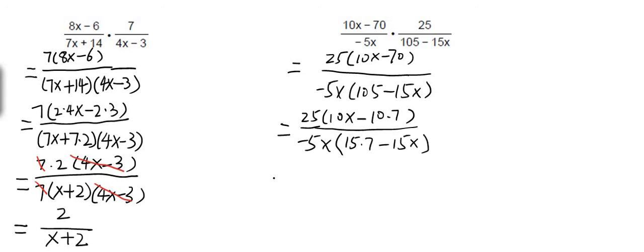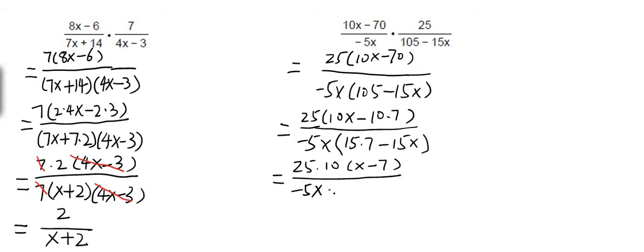Now we can factor out the common factor. Here's 10, right? 10. We write down x minus 7. And for the denominator, here we have 15, right?